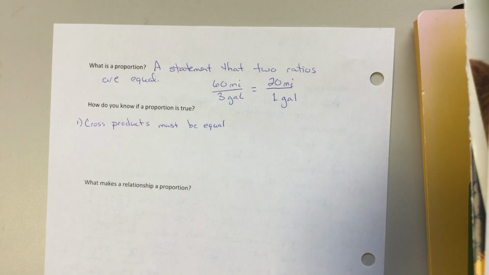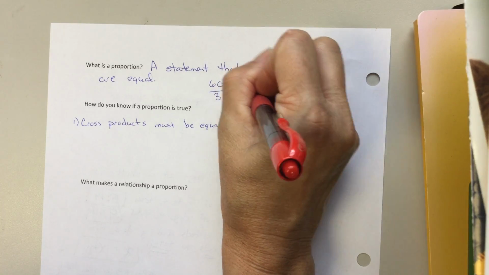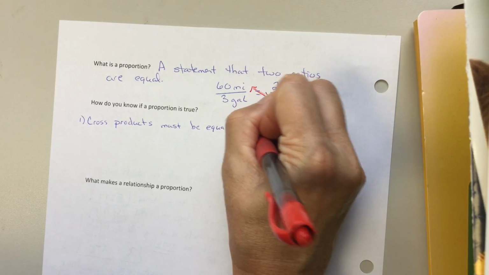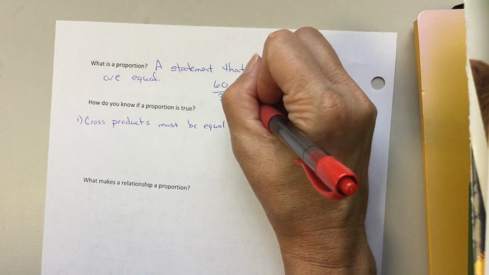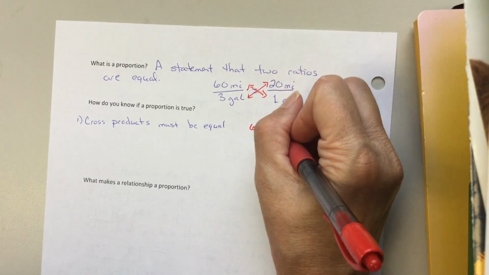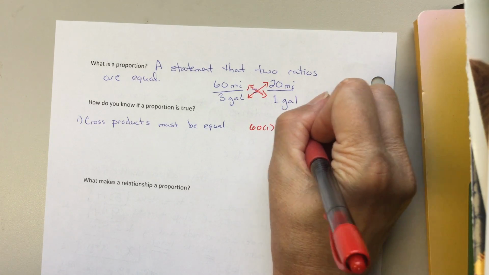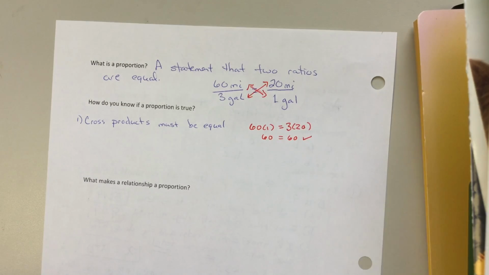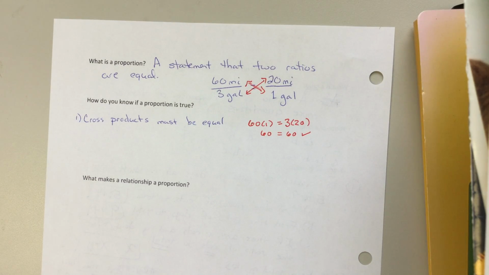I'm looking across this way, and I want to multiply those together. So that would be 60 times 1, and I want that to be equal to this cross product, which will be 3 times 20. And I can check that and see that they are equal, so I know that that proportion is true.